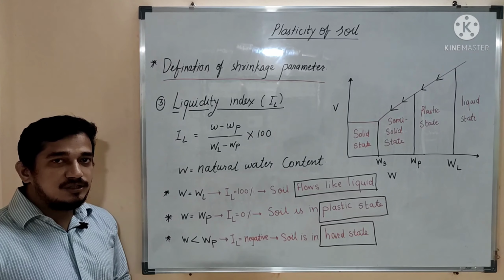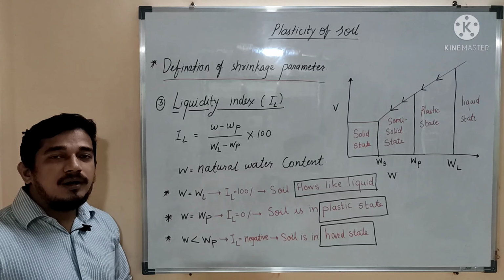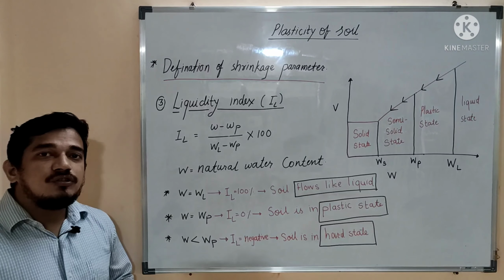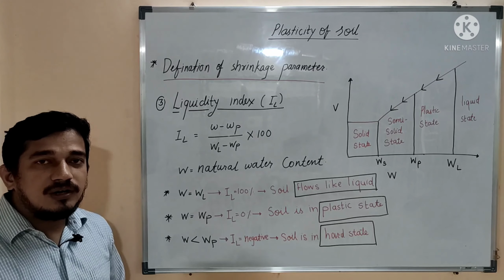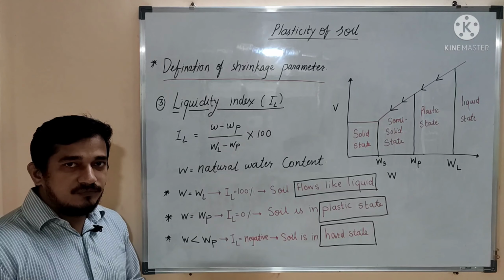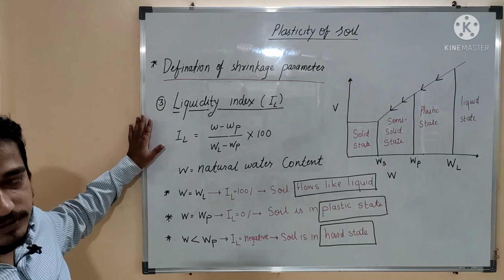So it indicates that the soil is no more in a liquid state or in a plastic state, but it is in a hard state. So liquidity index indicates the nearness of the natural water content in a certain soil to the liquid limit of that soil. Okay, so that's all about this liquidity index.